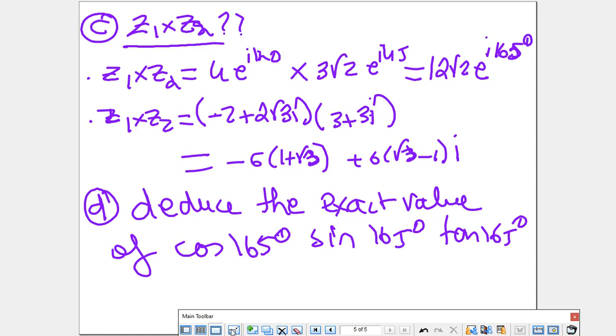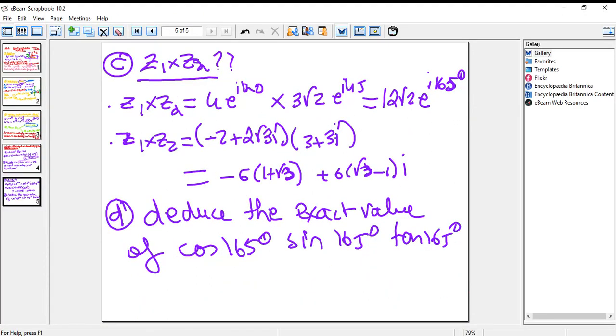So how will I be able to find the exact value of sine, cosine, and tangent just by comparing? Because when I say 12 radical 2 e^(i165), I can write 12 radical 2 (cosine 165 degrees plus i sine 165 degrees).